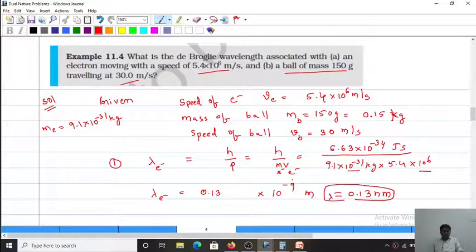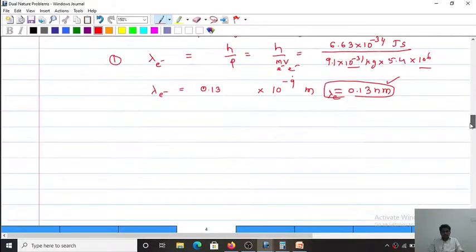This is the de Broglie wavelength associated with the electron, which is moving at a speed of 5.4 × 10^6 meter per second.